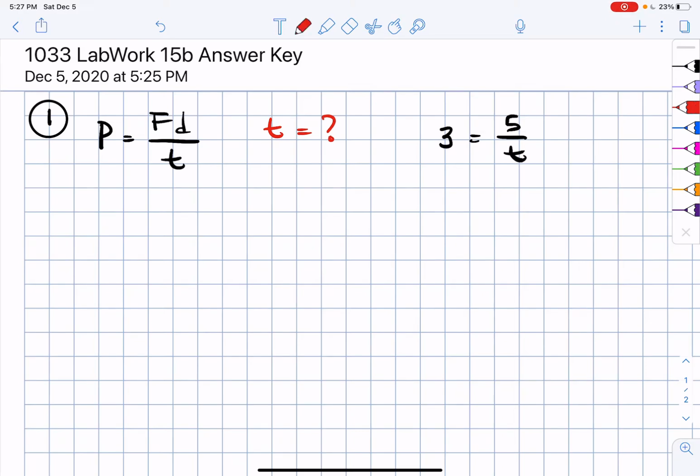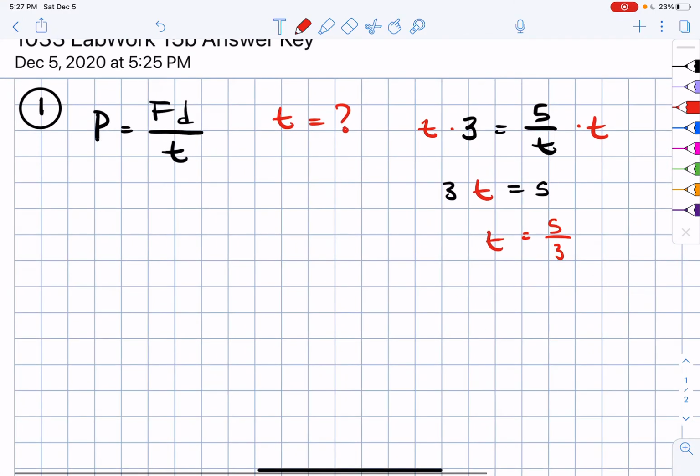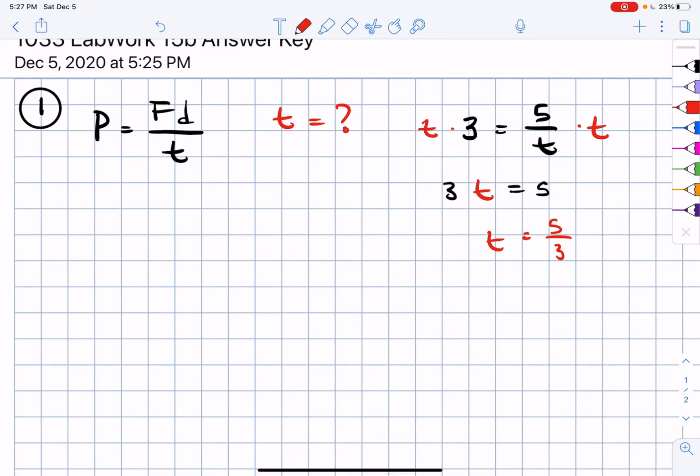So here I would multiply both sides by t, and I would get 3t is equal to 5, and then I would divide by 3, so t is equal to 5 over 3, right? Same idea here. I would copy this, paste it right here, so I can multiply this by t.